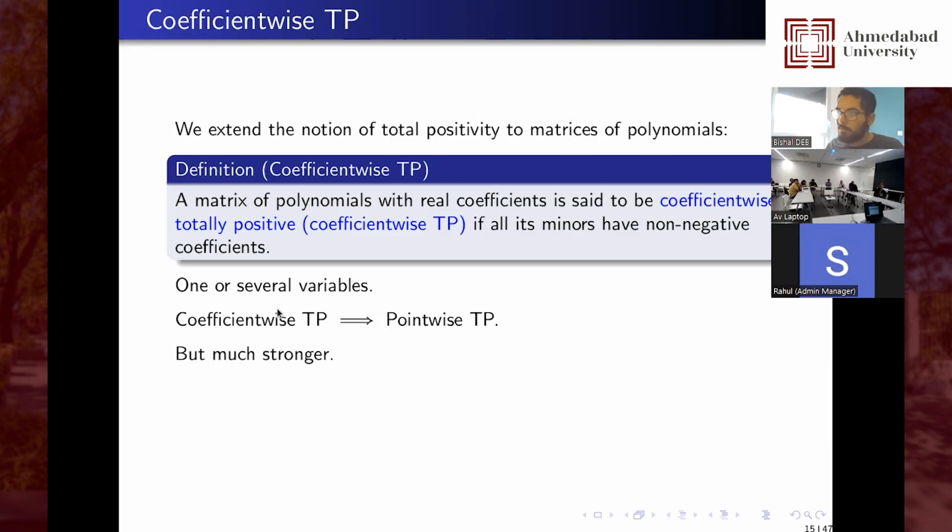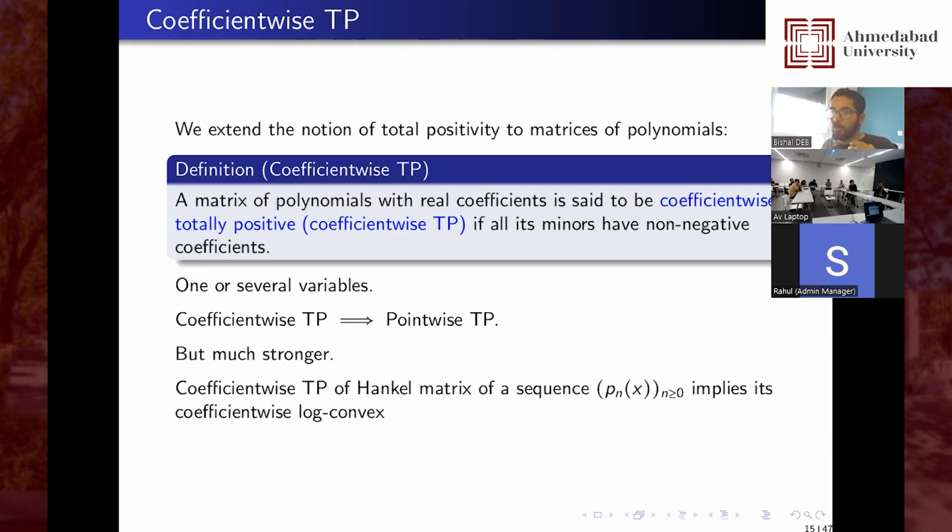You do not have a two-way implication: if you can do it for all real substitutions, that does not imply coefficient-wise total positivity. Also, coefficient-wise total positivity for a Hankel matrix implies that the sequence is coefficient-wise log-convex. What that means is you take the polynomial a_{n-1} times a_{n+1} minus a_n squared, and this polynomial has non-negative coefficients.